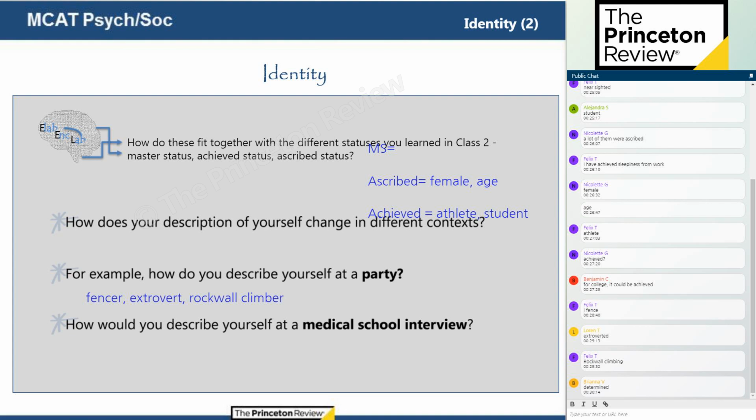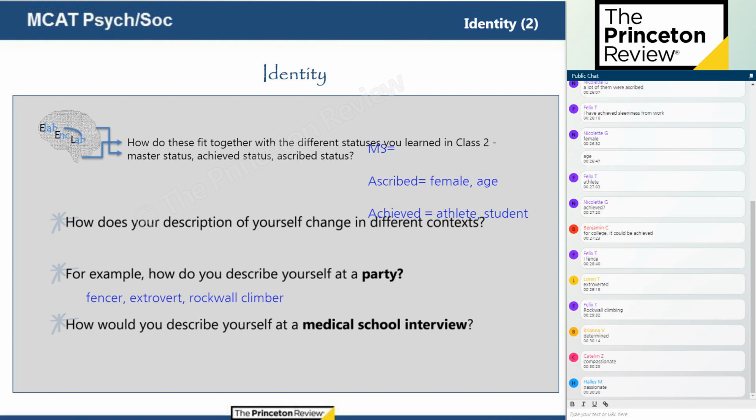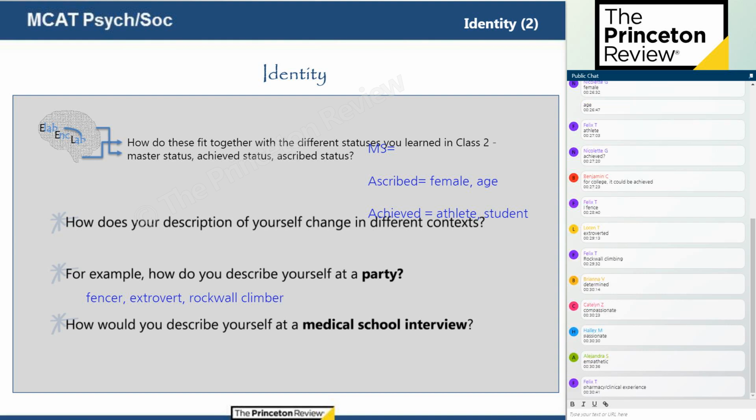You'd say you're determined, that you're compassionate. Empathic. You talk about your medical experience.